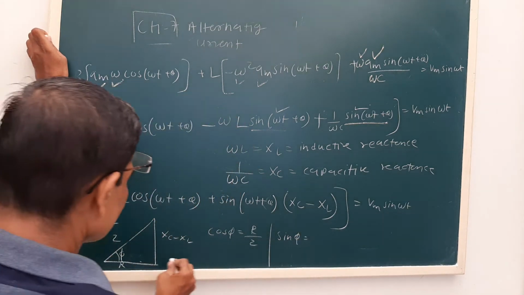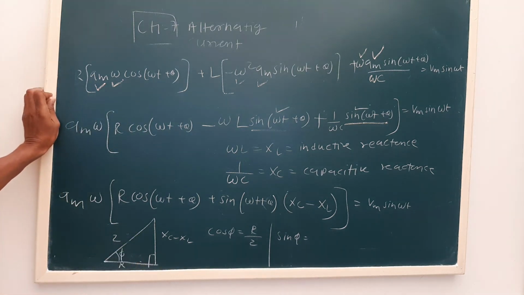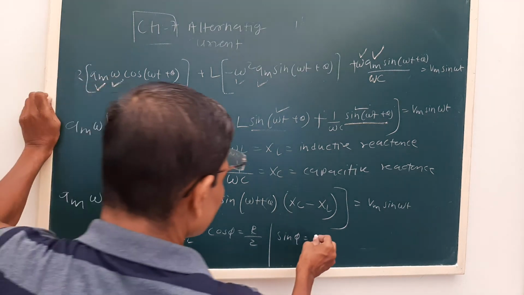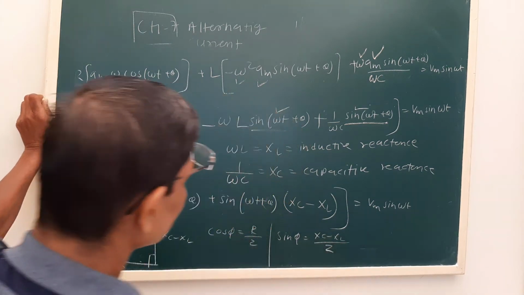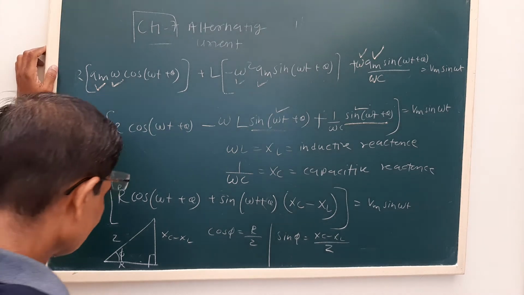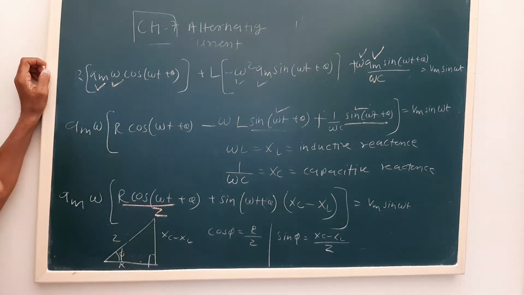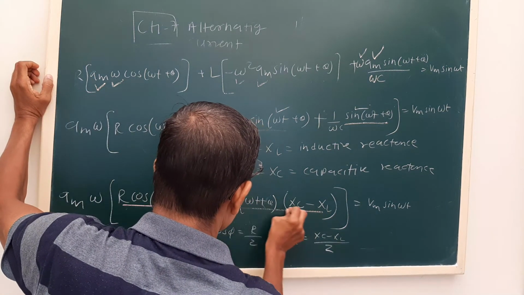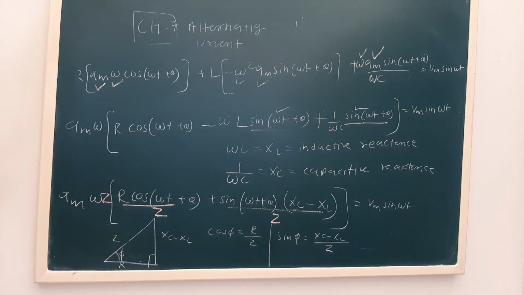Opposite upon hypotenuse, XC minus XL upon Z. Now I want to convert the equation in terms of Z, that is our impedance. So what I do is divide this term by Z and multiply by Z, which is one and the same thing.